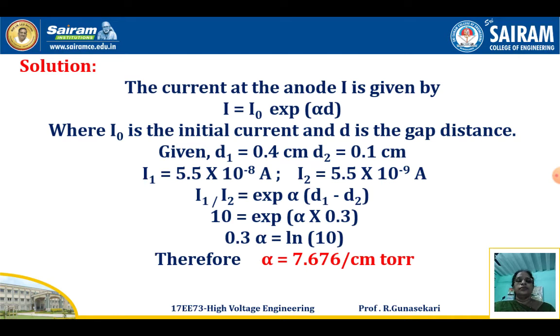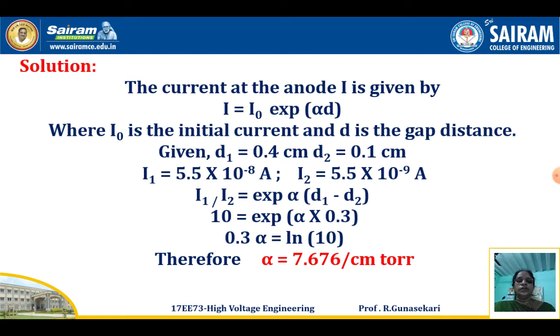From the formula I = I0 exp(αd), here there are two different distances, that's why we use d1 minus d2. The formula is I1 divided by I2 = exp(α(d1 − d2)), where I0 is the I2.